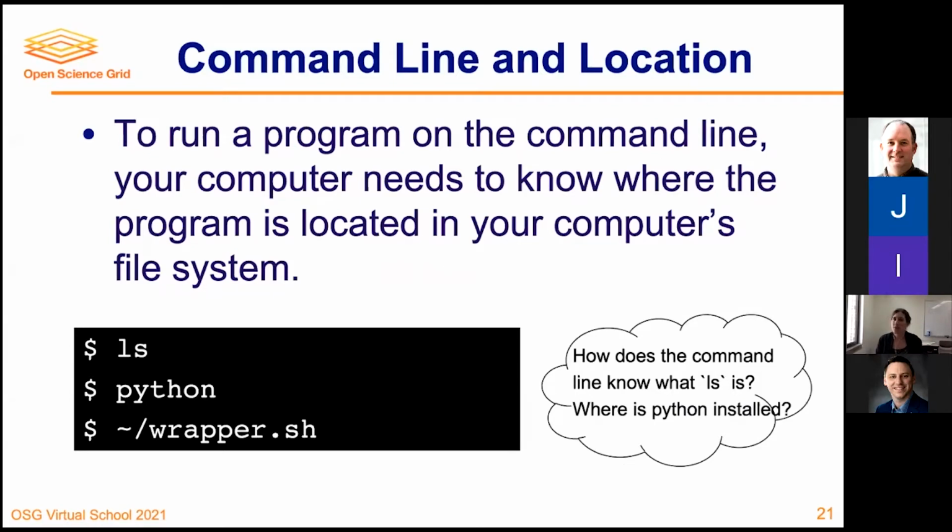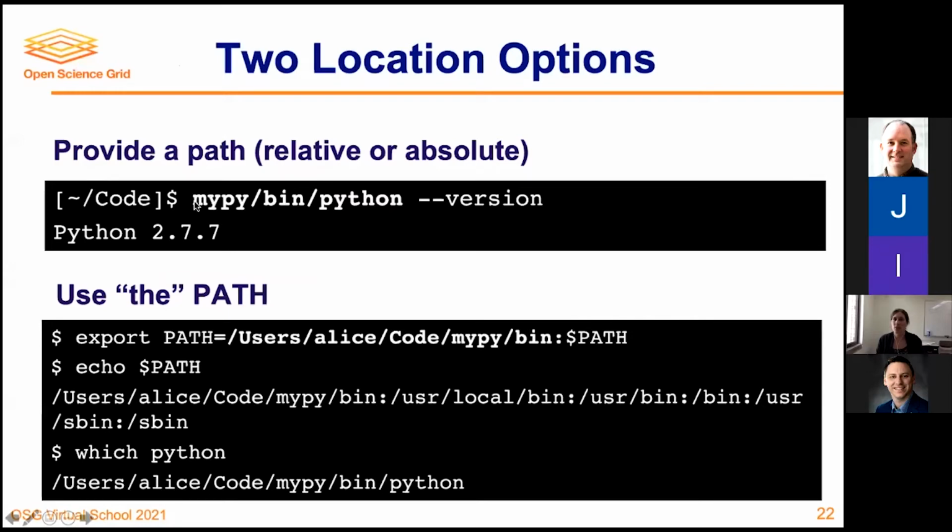So there's different ways to do this. You can provide a path, either relative to your current directory or an absolute path from the top of the file system to reference a particular program.